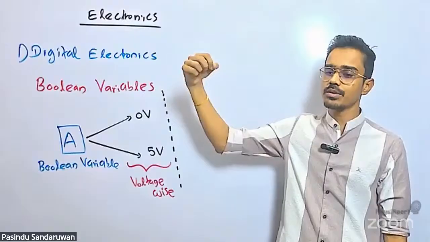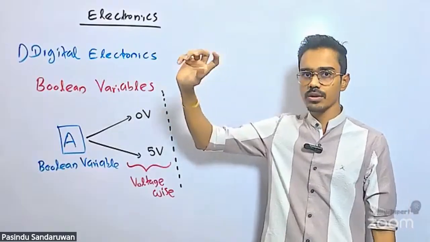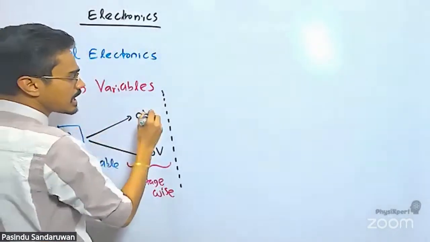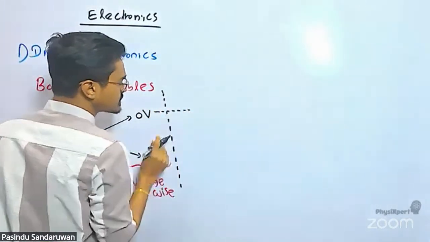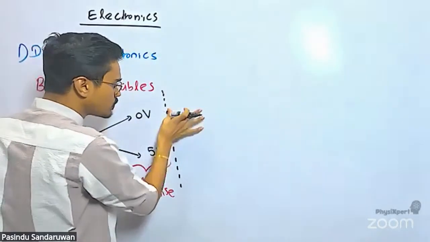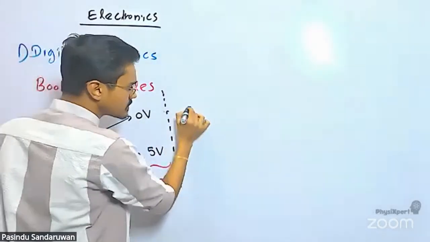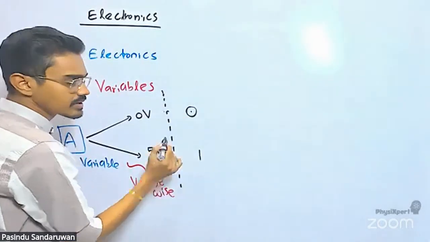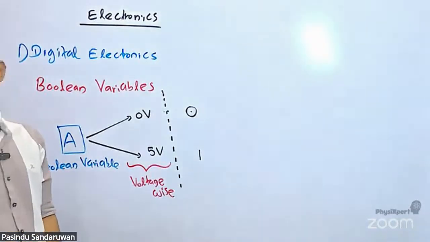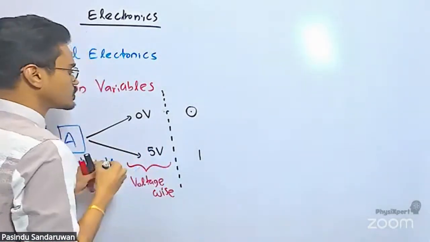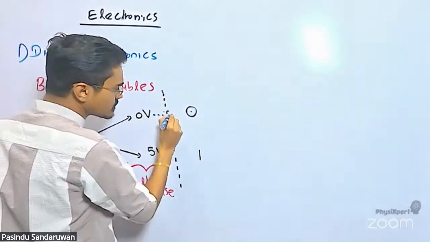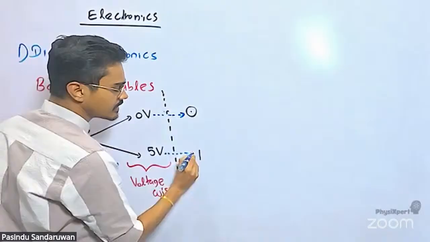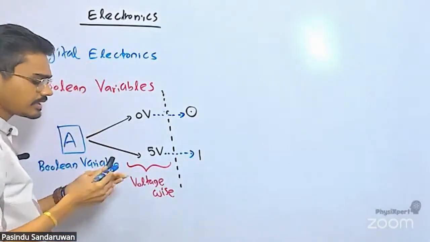When we are converting this to a logical format, 0 volts is considered as 0, and 5 volts is considered as 1. Logically we will treat 0 as 0, and instead of 5, we will treat this 5 as 1.